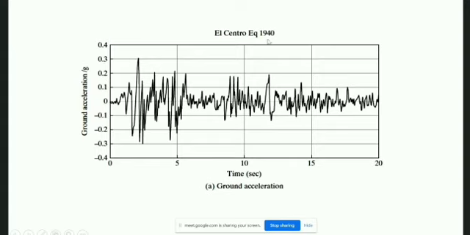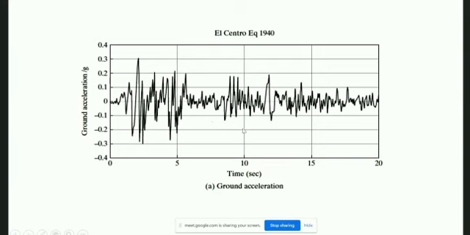You see that this El Centro 1940 earthquake is a benchmark earthquake which is used for many analyses, and the highest peak ground acceleration was about 0.3 g on this side, and on the negative side also, minus 0.3 g. And you are seeing that this motion is very sporadic.